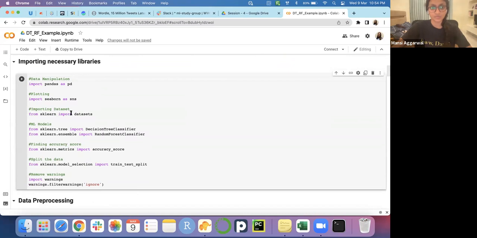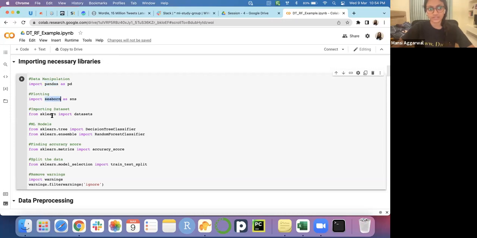So first we will import the libraries. For regular attendees who are attending for the 4th time, you must be familiar with these libraries. For others, I'll just go through it quickly. Pandas is the data manipulation or data wrangling library. As pd is an alias, a nickname for this particular library that we'll be using in our notebook.